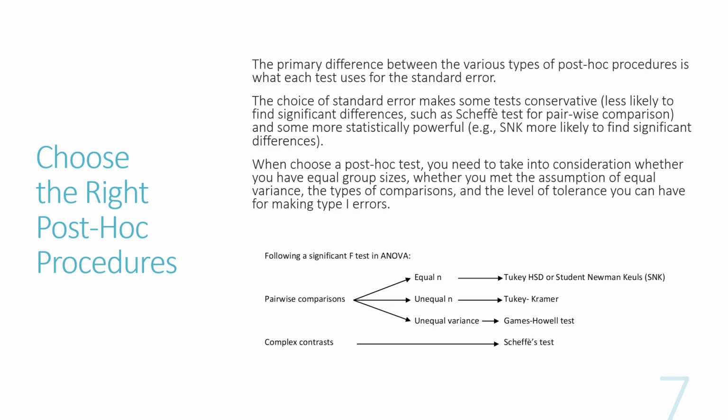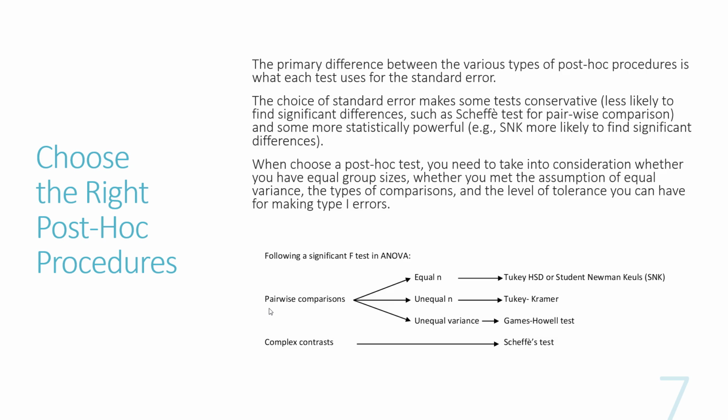Because the choice of standard error makes some tests more conservative, such as the Scheffe test, while others are comparatively more powerful. When choosing a post-hoc test, you need to take into consideration whether you have equal group sizes, whether the assumption of equal variances is met, and what level of tolerance you have for making type 1 errors.